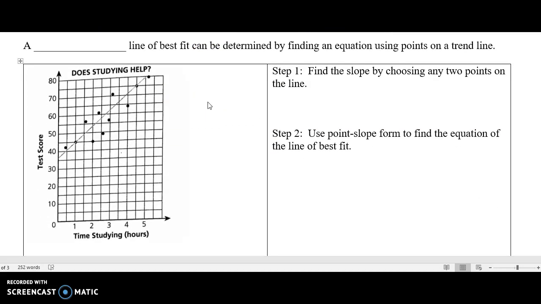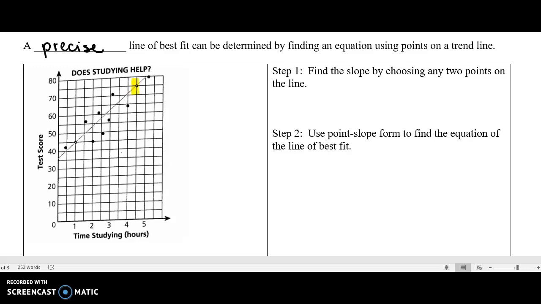So a precise line of best fit can be determined by finding an equation using points on the trend line. So if I'm looking at this scatter plot, we have a line of best fit already drawn in, and we're going to find the slope by choosing any 2 points on the line.